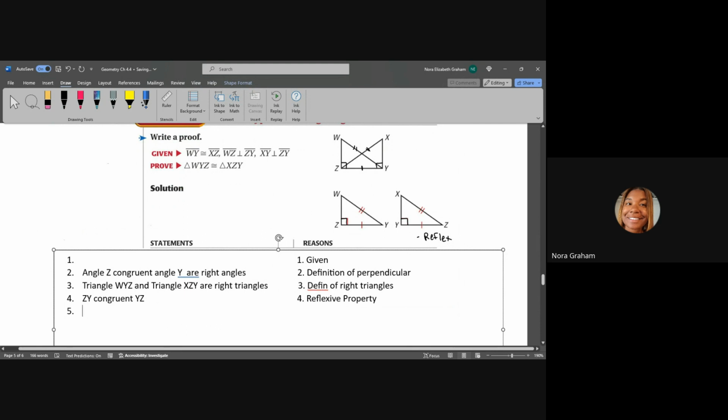So then we can say that triangle WYZ is congruent to triangle XZY, and this is by the hypotenuse leg theorem.